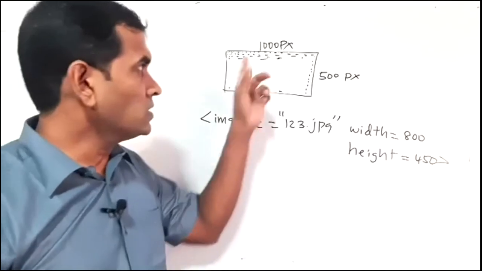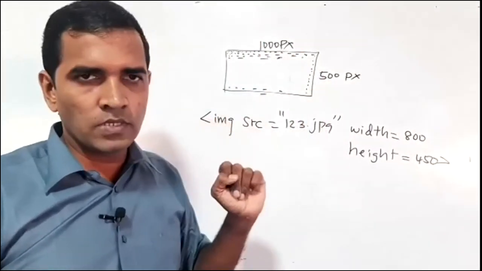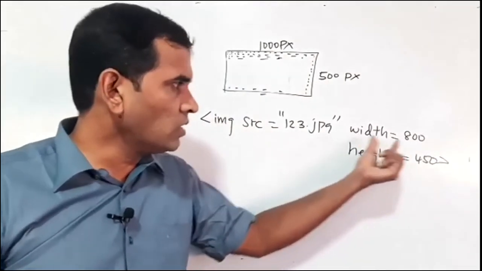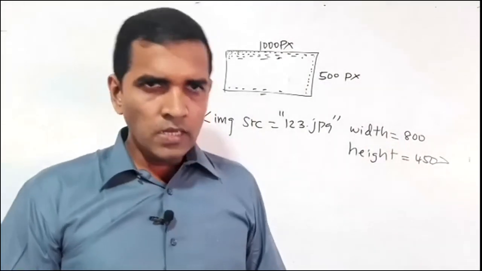Look carefully. This is the original image with 1000 pixels width, height 500 pixels. But I wanted to reduce the size. So I have written width 800, height 450. Yes, definitely it works, right?